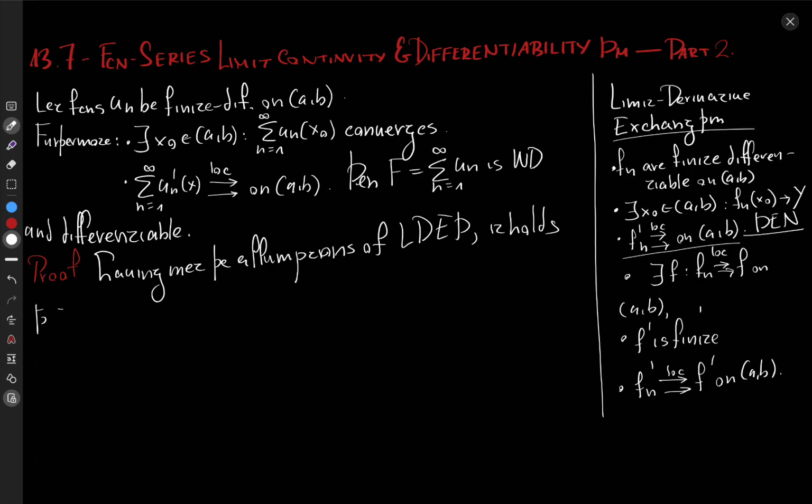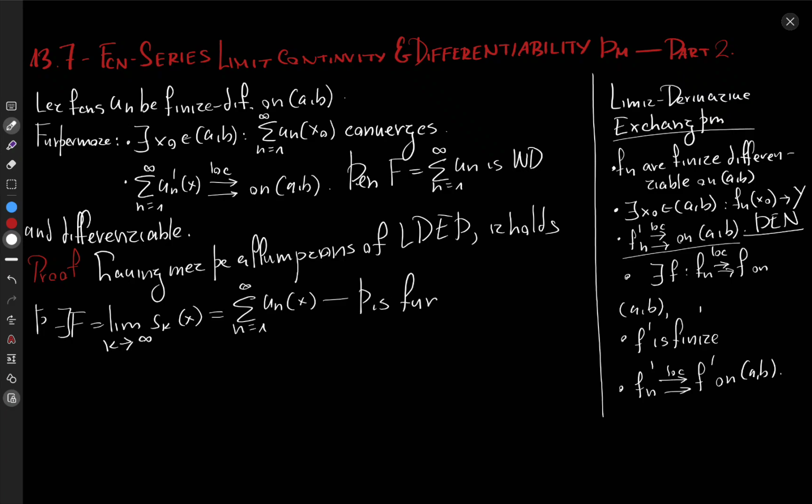and we have that there exists some function f equal to the limit as k approaches infinity of sk, which is equal, of course, by definition, to the limit of the series at some given point.